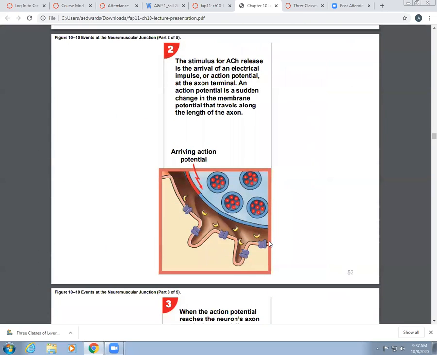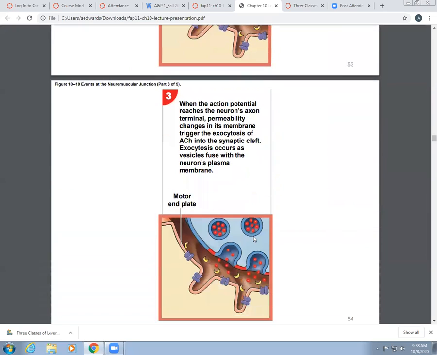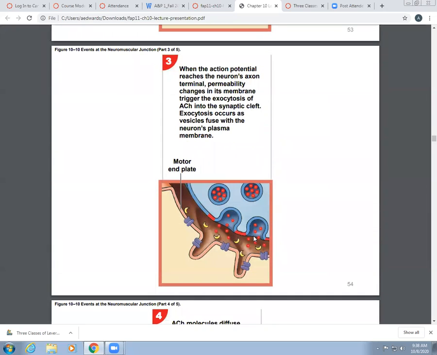All right, so if you have an electrical impulse or action potential traveling down the axon of that neuron, and it gets to the axon terminal, it's going to basically send a signal to release acetylcholine, the neurotransmitter, from its vesicles, by a process that we learned about in chapter 3.